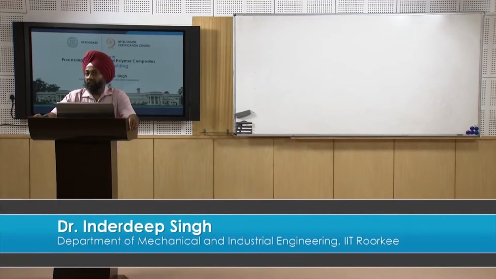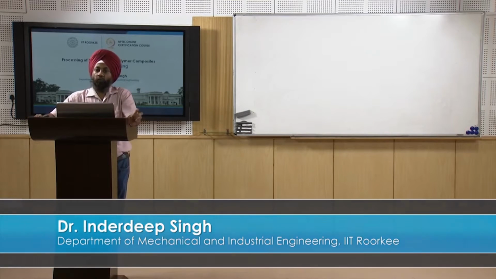So the shape of the die, the complexity of the die is very important, and the cost involved is also most important to consider for any particular process. Now in injection molding as well as in compression molding, the cost of the die or the mold is very important. If we are going to make a small number of parts, the cost of the die will not be justified.